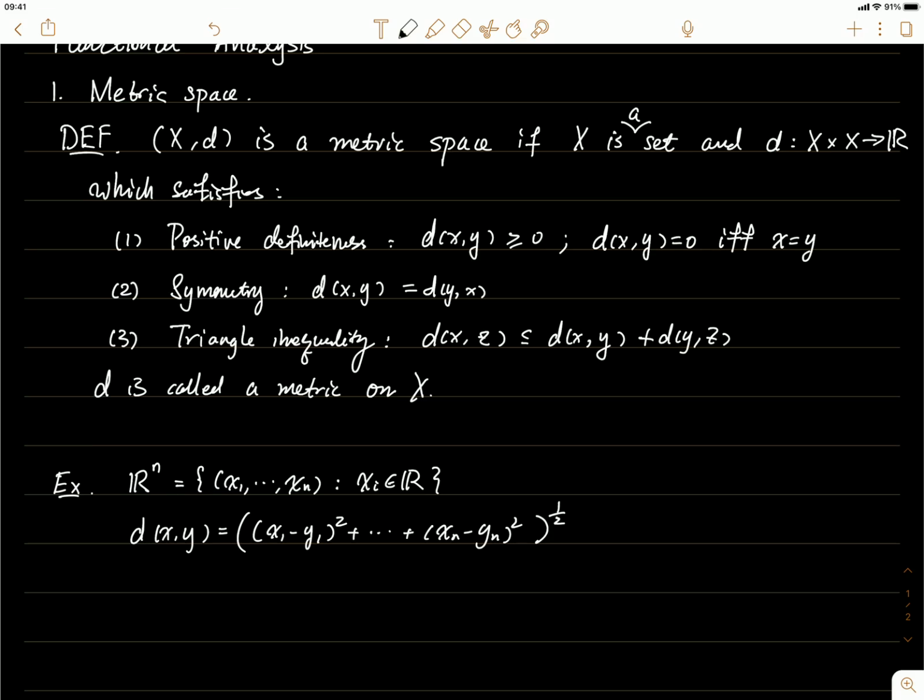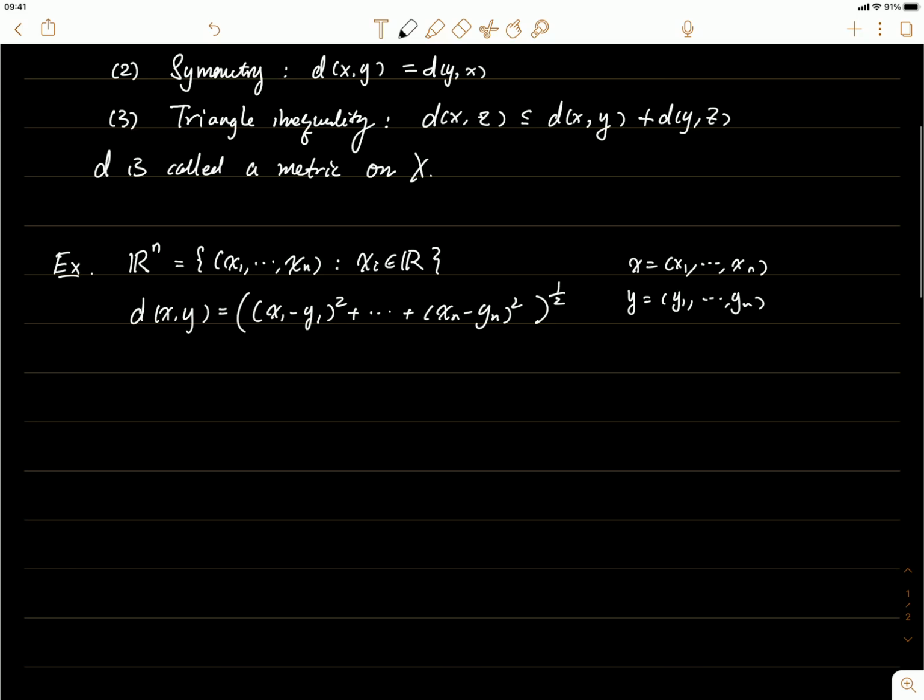Okay, this is the standard Euclidean distance, and that is a metric on R^n. The x is just a vector of these n components, and the y is the vector of these components. Okay, that's what the components mean.